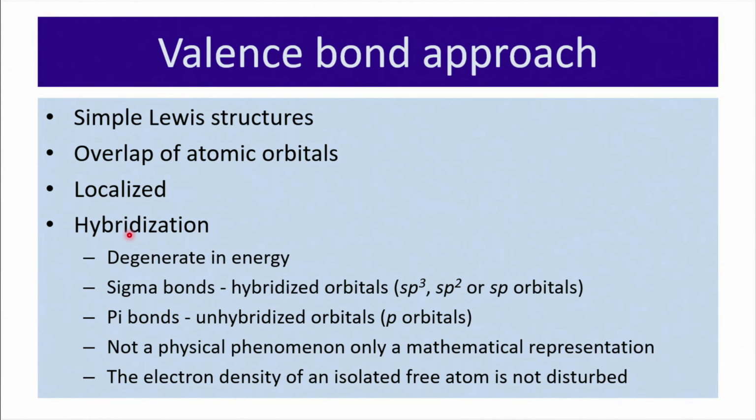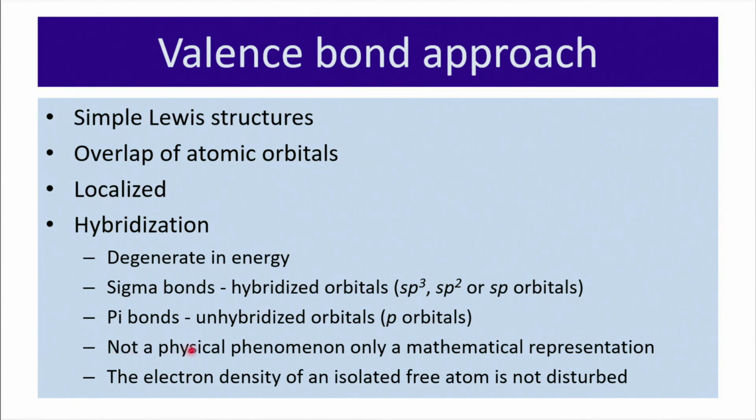These hybridized orbitals are degenerate in energy, which means all the hybridized orbitals will have the same energy. Sigma bonds come from hybridized orbitals, basically sp3, sp2 or sp orbitals. Pi bonds come from the overlap of unhybridized orbitals, mainly p orbitals.